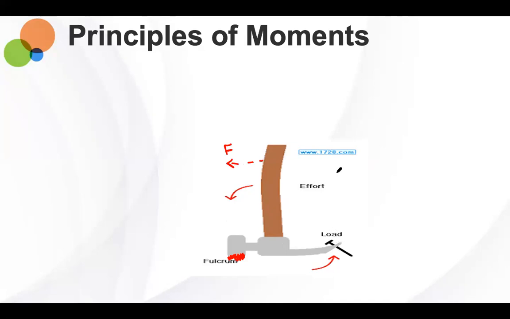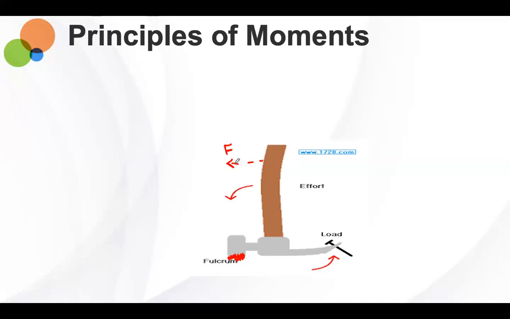I don't want to try and confuse anybody, but just think about it. If we're trying to pull this, it means that our system is sort of balanced. And the force that we apply at that point has to be greater so that it applies a larger moment to that particular load.